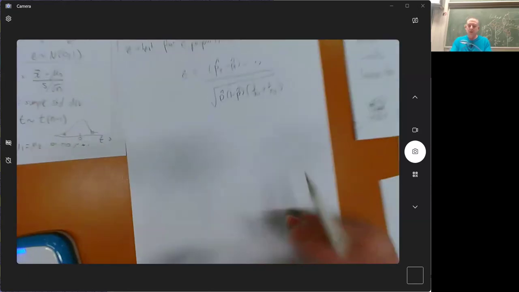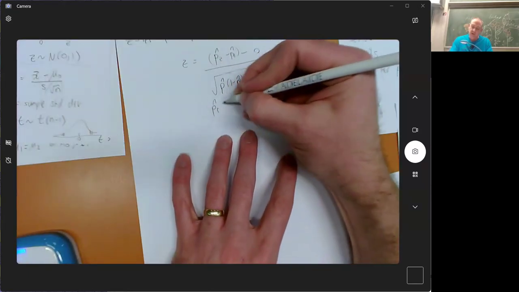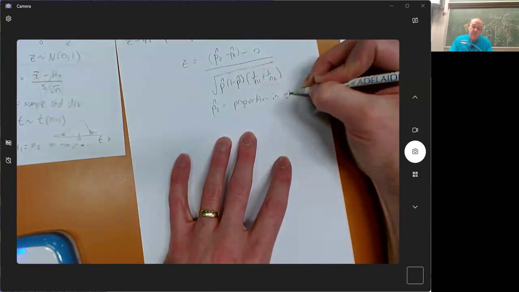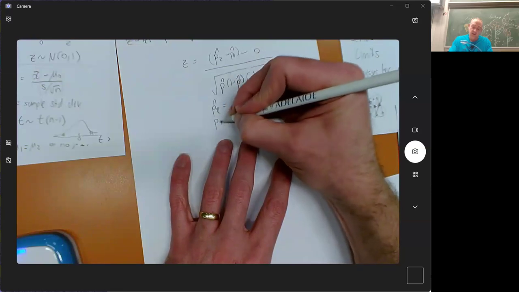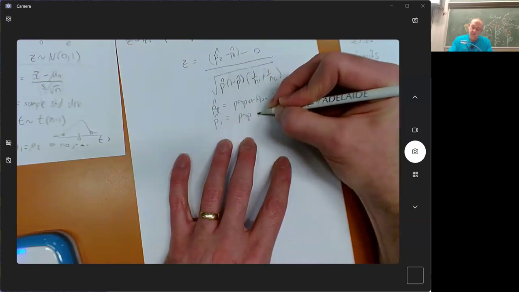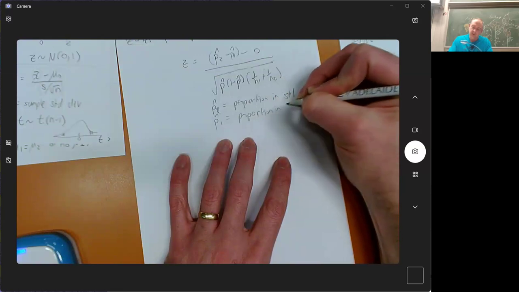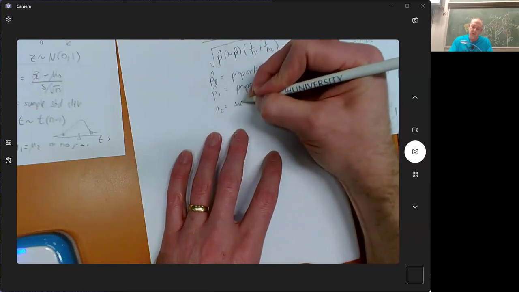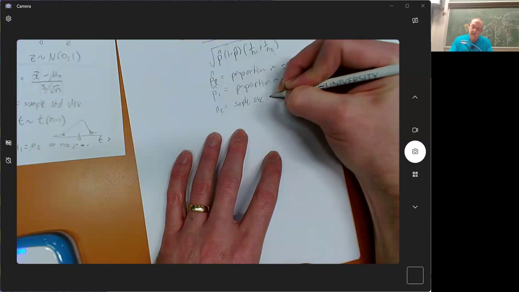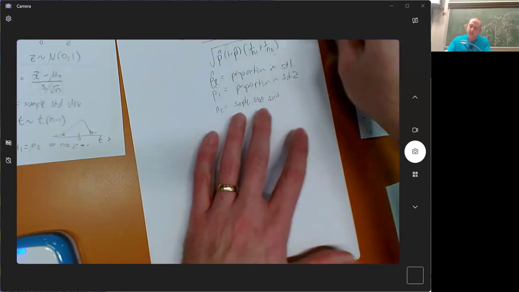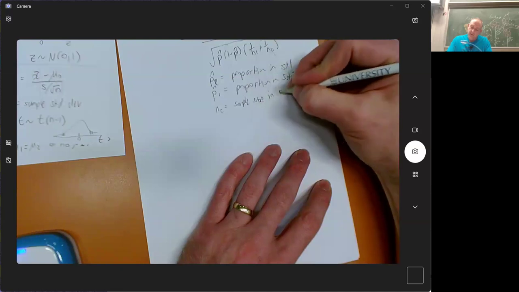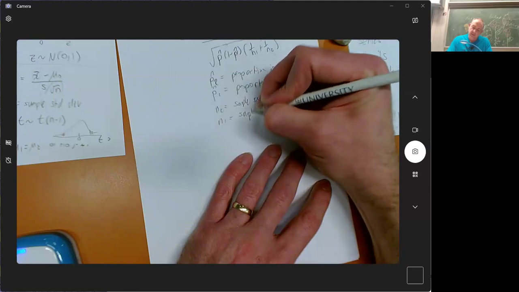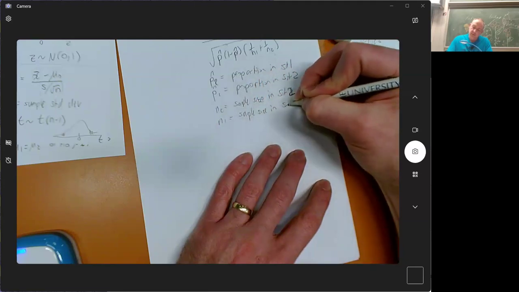Anyway, so this P2 hat is the proportion in situation 1, and the P1 hat is the proportion in situation 2, and N2 is the sample size in situation 2, and N1 is the sample size in situation 1.